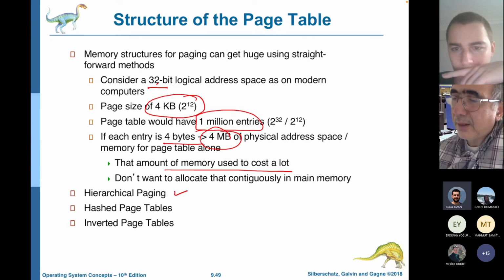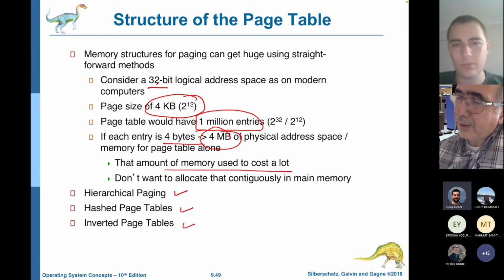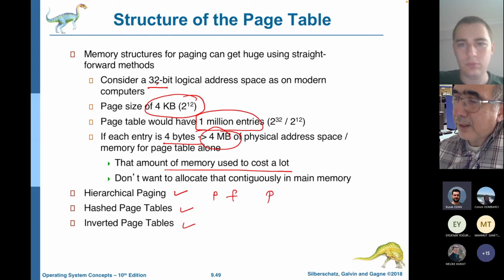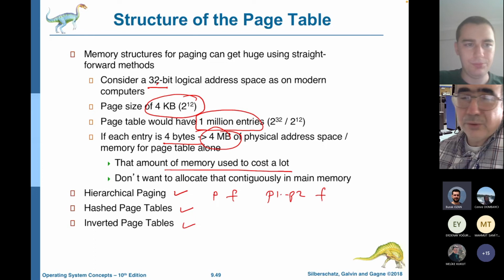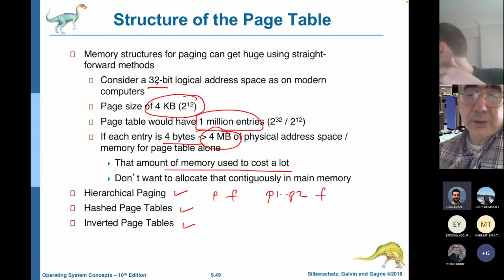These are hierarchical paging, hashed paging, and inverted paging. Normally, I have page and frame. In hierarchical paging, I have P1, P2, and frame. So P1, P2, maybe P3, three levels, are arranged hierarchically and stored in different subtables.